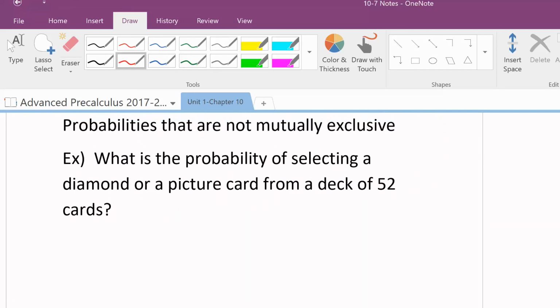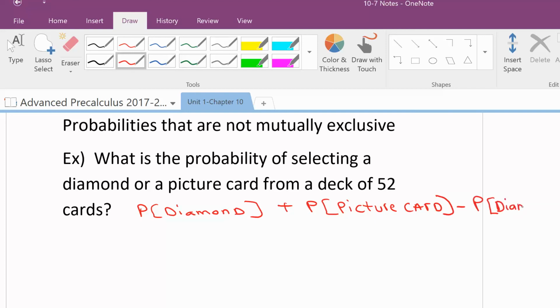Probabilities that are not mutually exclusive, meaning that they overlap. For example, probability of selecting a diamond or a picture card. Well, there are picture cards that are diamonds, so we're going to find the probability of getting a diamond plus the probability of getting a picture card, which is also considered a face card. But we're going to have to subtract the overlap, the probability of getting a diamond picture card.